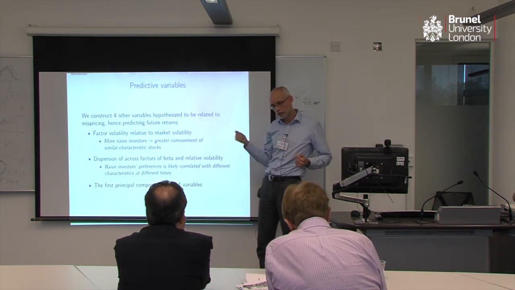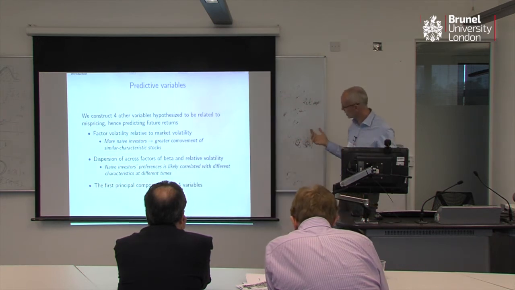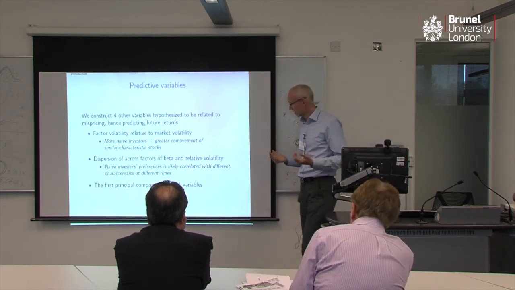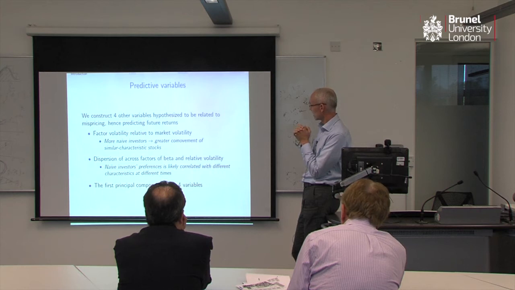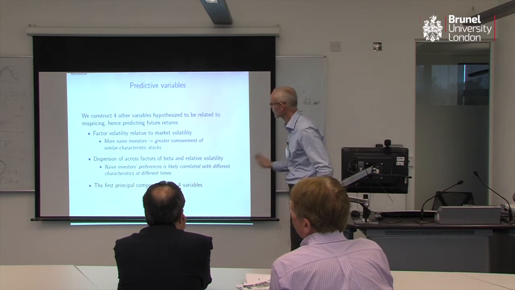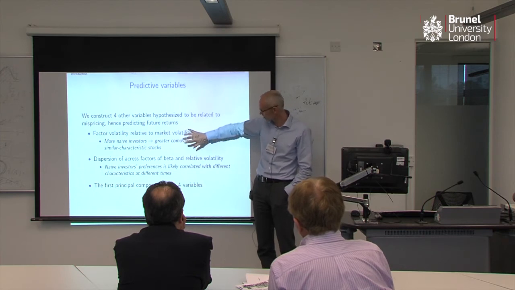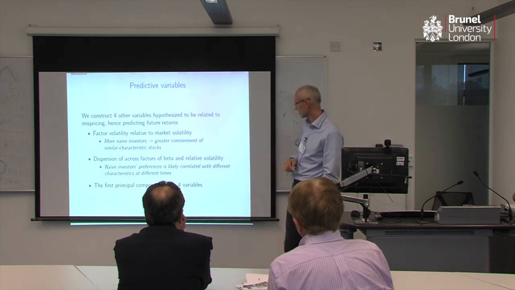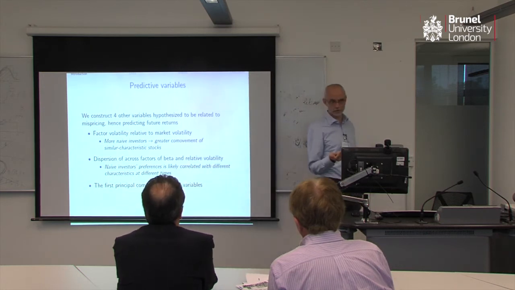So if naive investors are highly active, they move prices, and volatility in the factor portfolios will also be high by the same argument. So that's going to be a second predictive variable. This is not going to distinguish very well between the rational and sub-rational, because this could also be viewed as risk. And then we'll look at the dispersion of the relative volatility and of the factors.